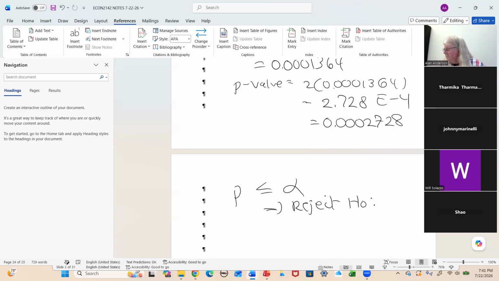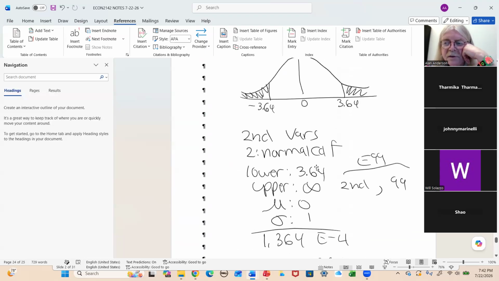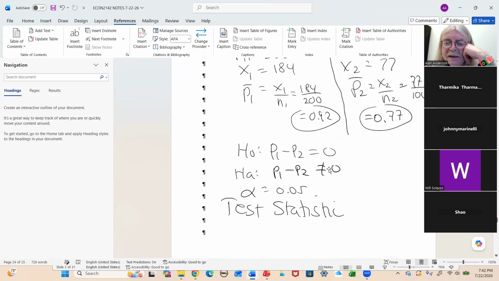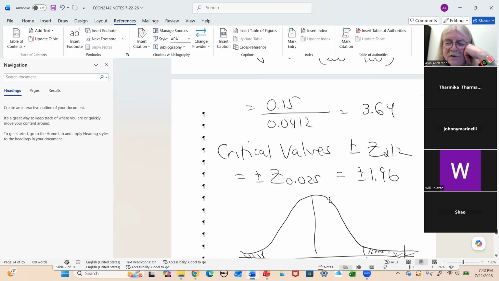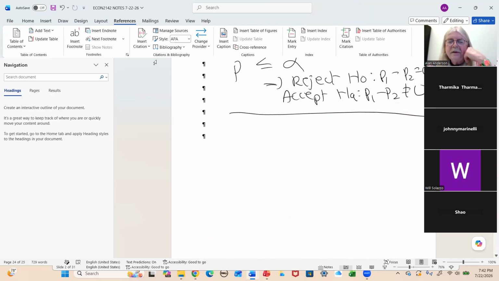So we reject the null that the proportions are equal and accept the alternative that they're not. So the bottom line is Canadians and Americans have different tastes when it comes to ice cream, according to this problem. I don't know if it's true in the real world, but with this data, that's what we conclude from all this.